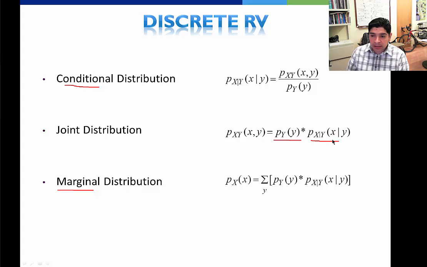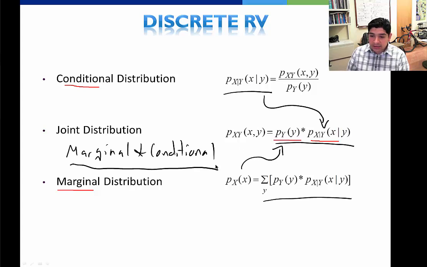Or if we want to estimate the conditional, then we divide the joint over the marginal, and so on. So now you start seeing that the marginal distribution is this, the conditional is this one, and with this equation, if I give you the joint distribution, you can start estimating the conditional and the marginal distribution.